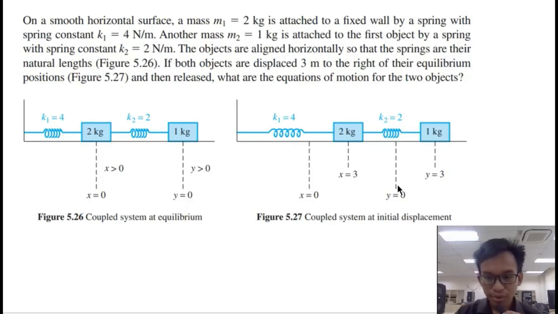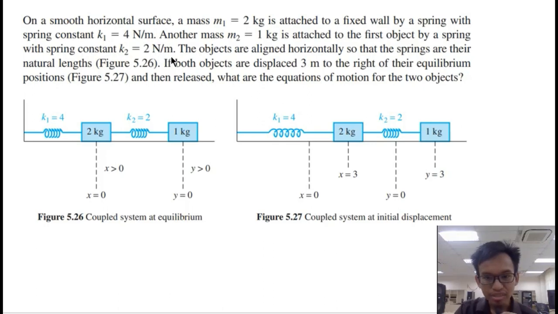Now we will look at the problem that we want to solve. On a smooth horizontal surface, a mass M1 equal to 2 kg is attached to a fixed wall by a spring with spring constant K1 equal to 4 N/m, and the mass M2 equal to 1 kg is attached to the first object by a spring with spring constant K2 equal to 2 N/m.